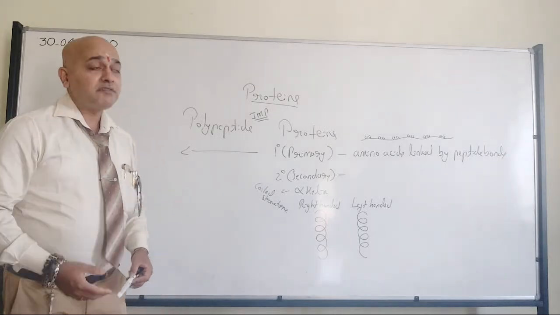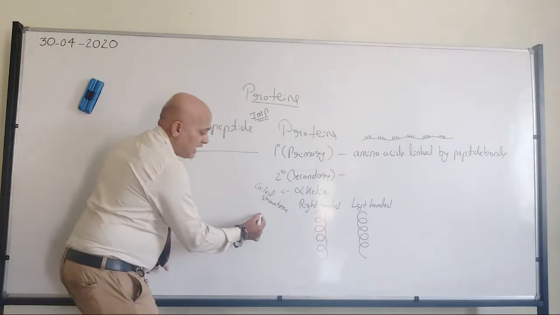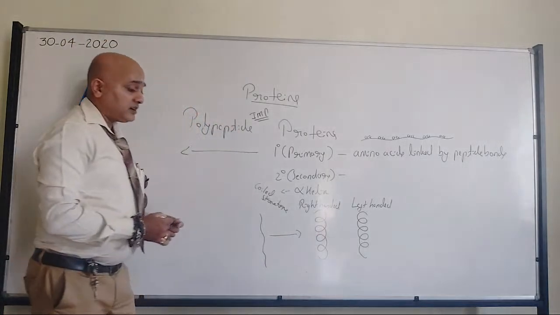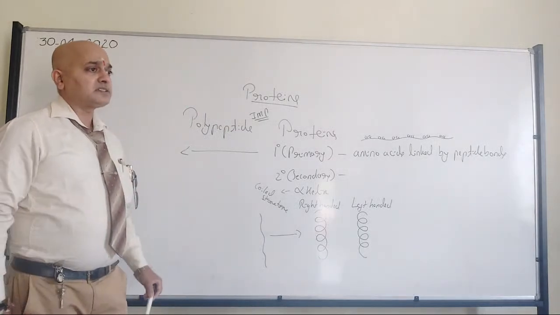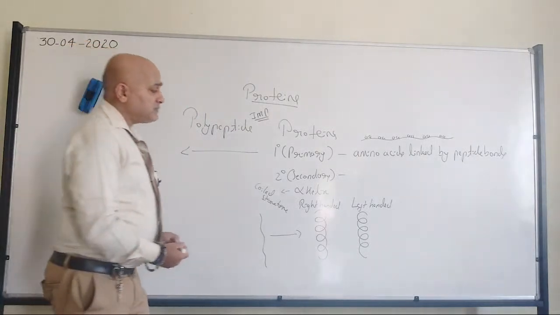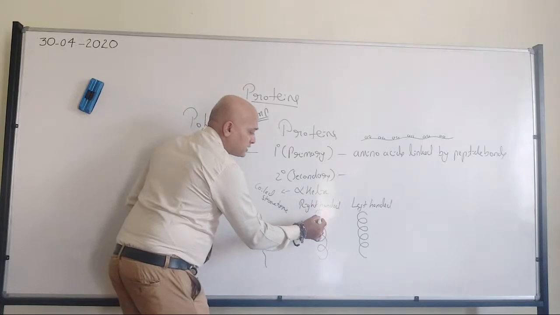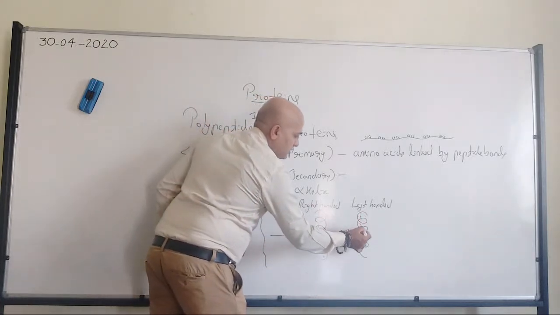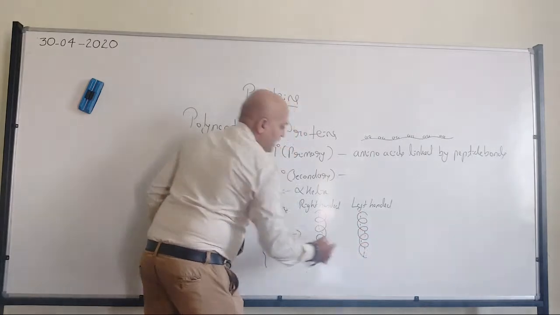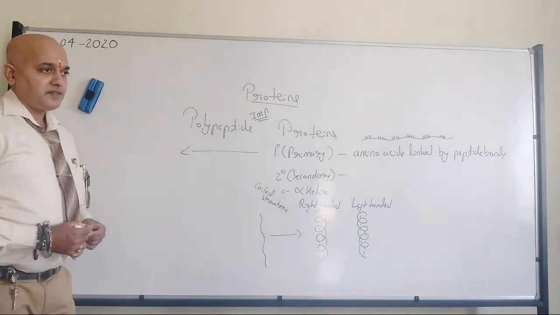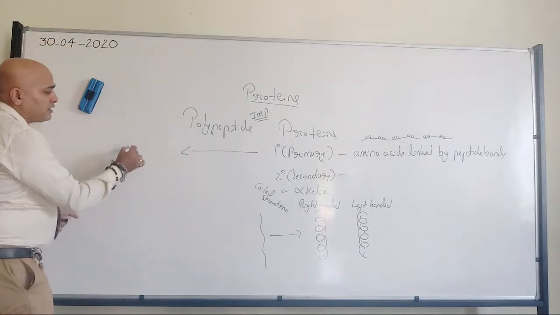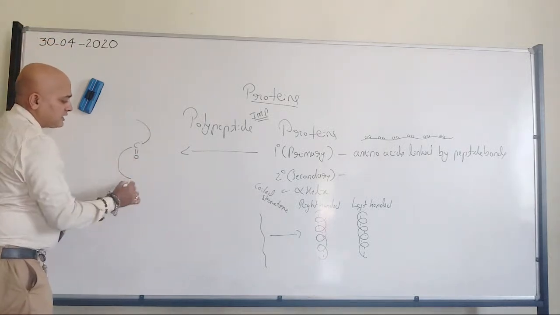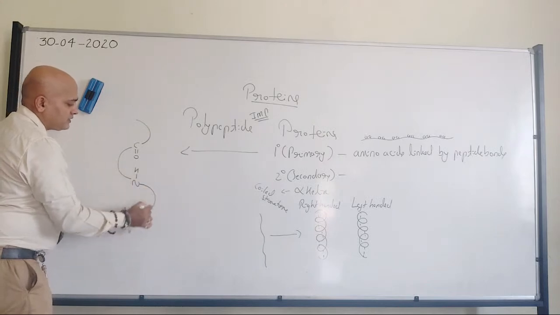Now you might be having a question, sir. We had a linear polypeptide. How come it got such a pattern? How will it be like a spring? That is because of the presence of hydrogen bonds between the amino acids. Right? When I am talking about a polypeptide chain, there will be presence of like this.